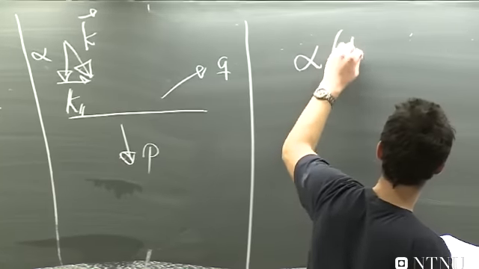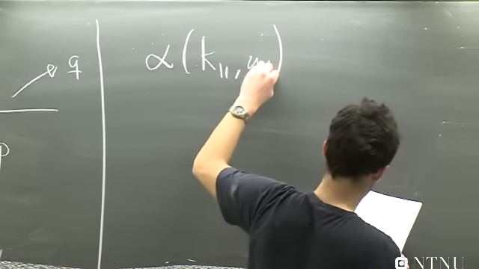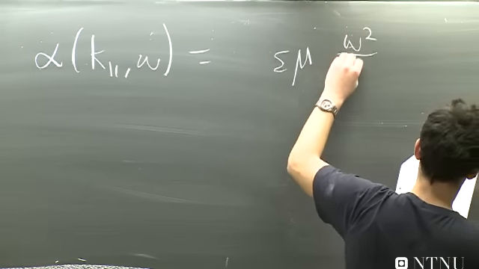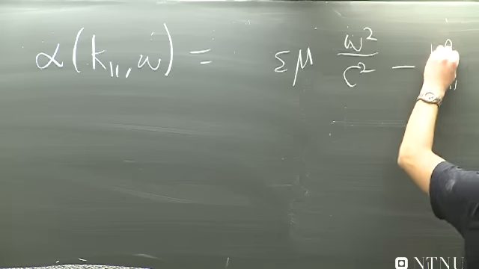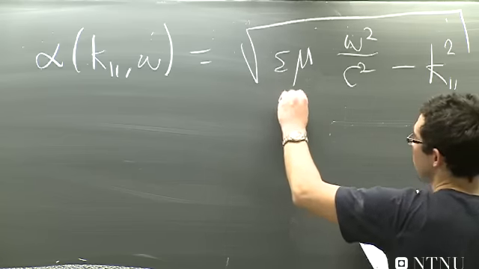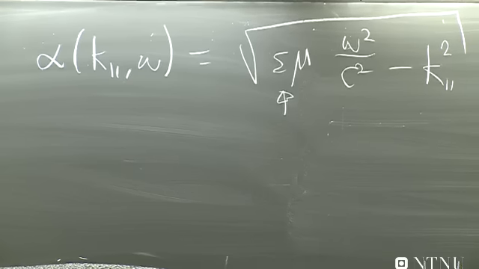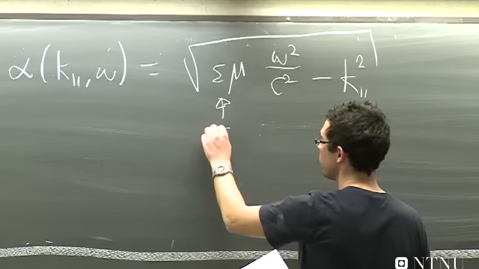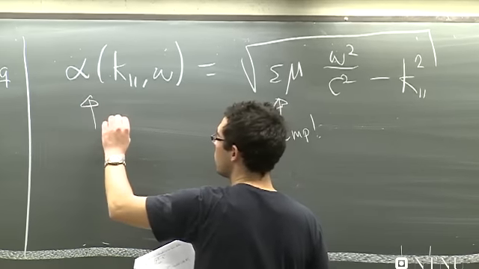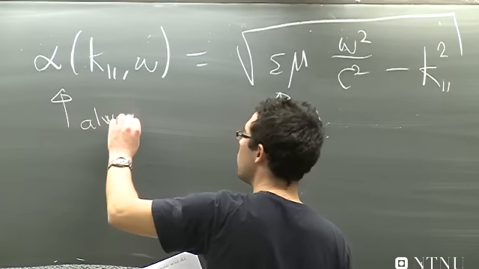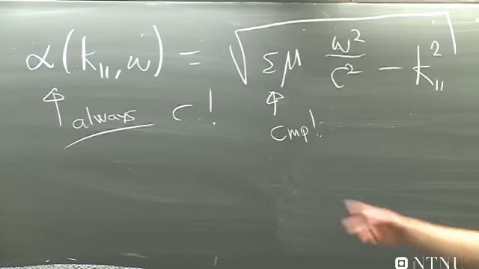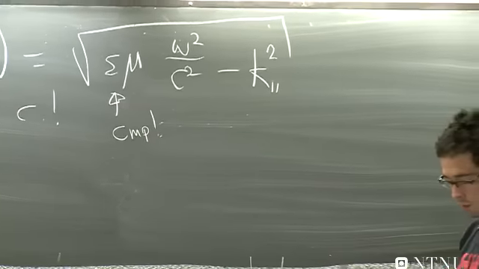Alpha of k parallel is epsilon mu omega squared over c squared minus k parallel squared. And now that epsilon is complex, alpha is also always complex. Right? Because we put the conductivity right into the epsilon.